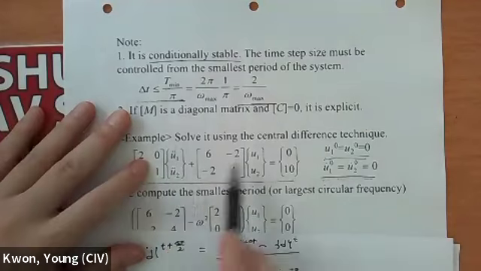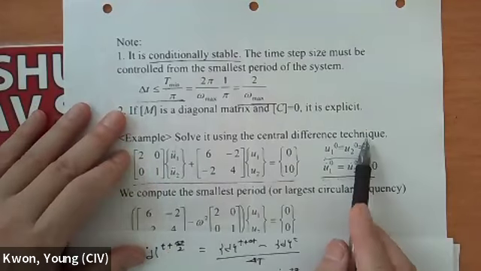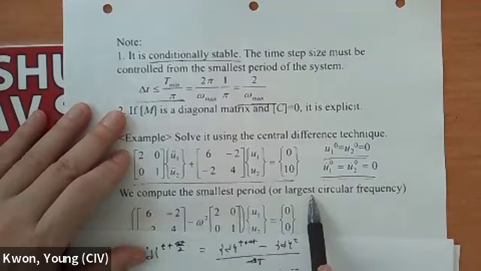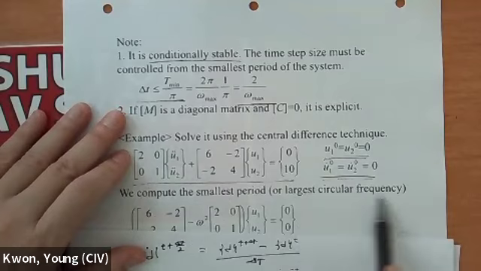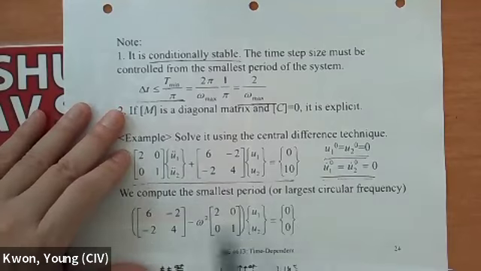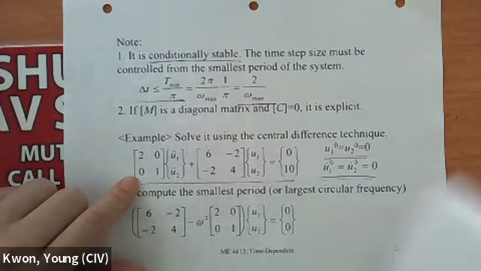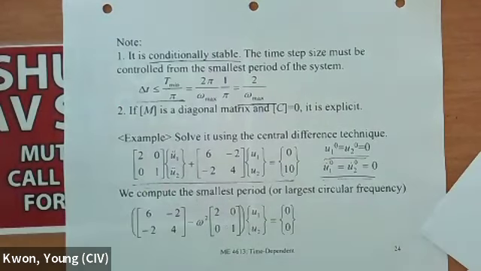Then we are going to apply the central difference technique. So we need to find the largest circular frequency, that is, the smallest period. So we solve k minus omega squared m, as we did in the previous example.